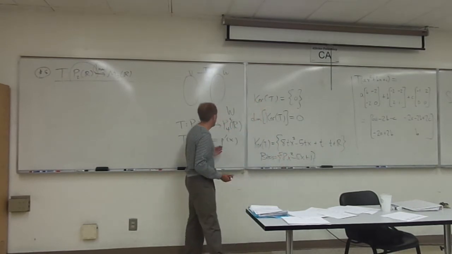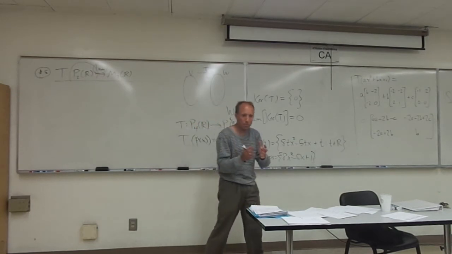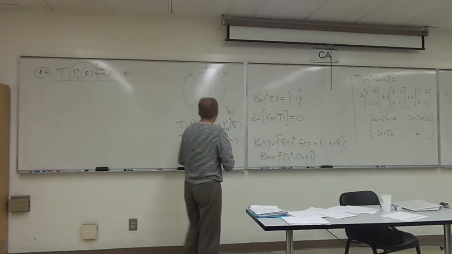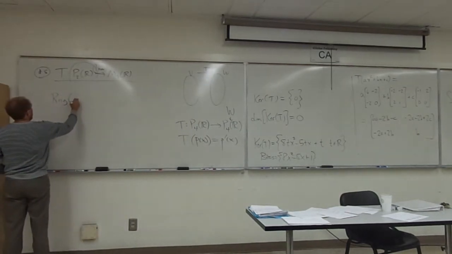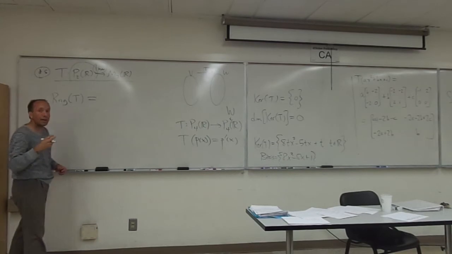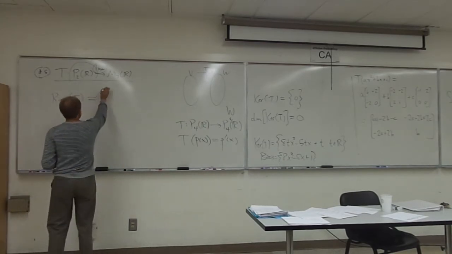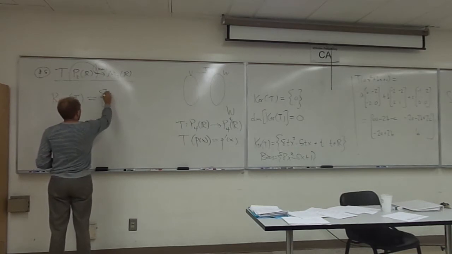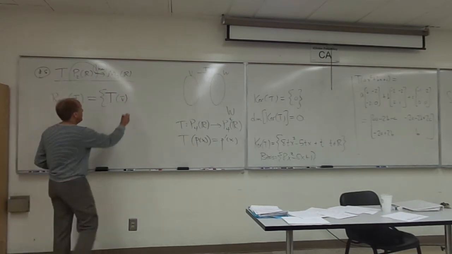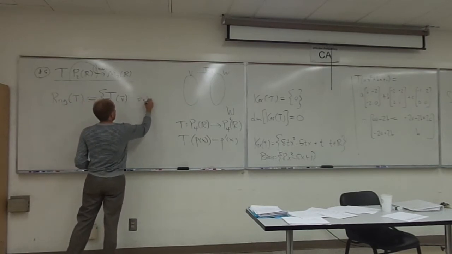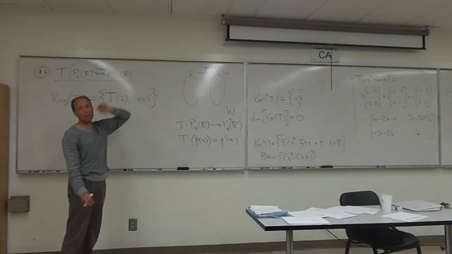And so that's the reason that we have this other subspace called the range of T. The range of T is the set of all outputs that actually show up, right? It's the set of all transformed vectors. So you just take T of v for every vector in capital V. You just transform every vector.